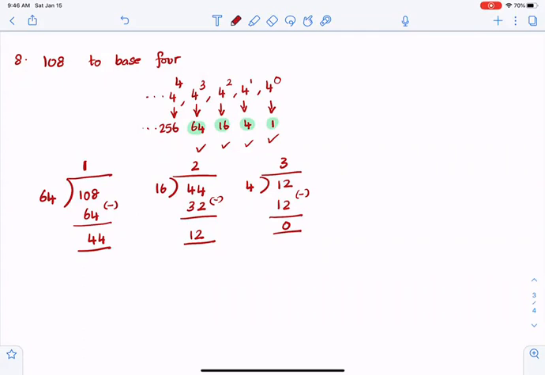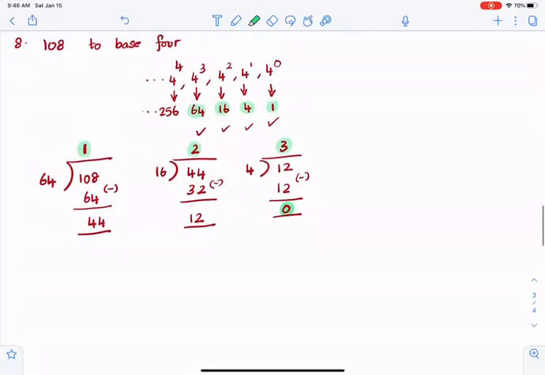Since we have a remainder of 0, this 0 will correspond to the very last digit. So from the left-hand side, 1, 2, 3, and 0. So the number 108 in base 10 would equal the number 1230 in base 4.